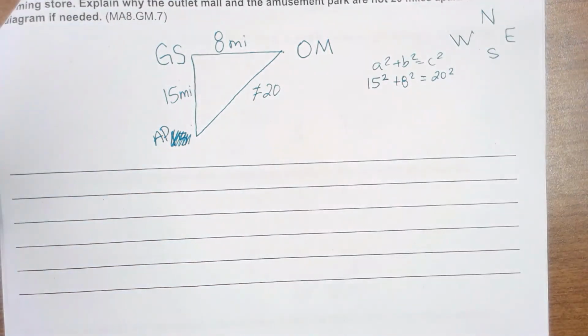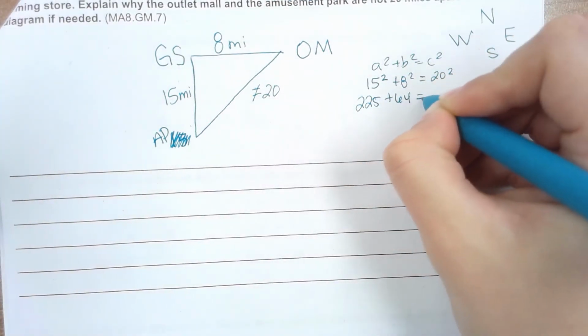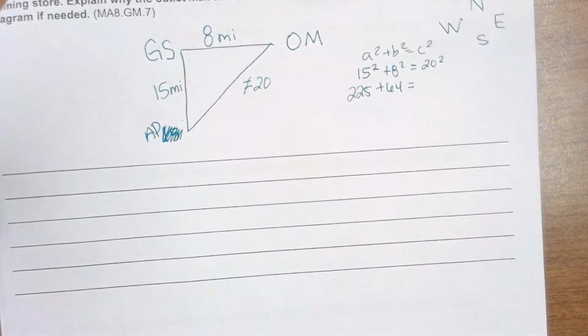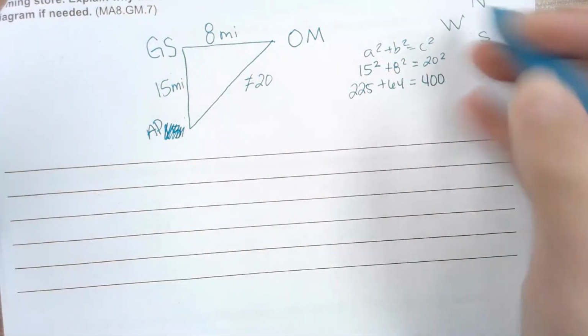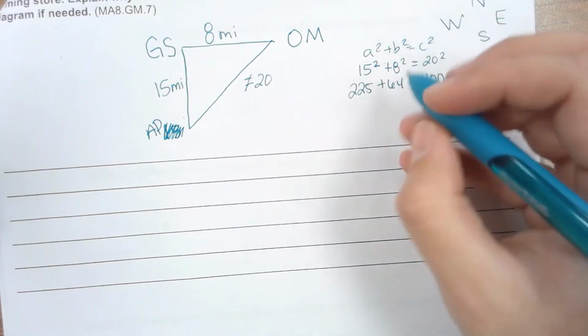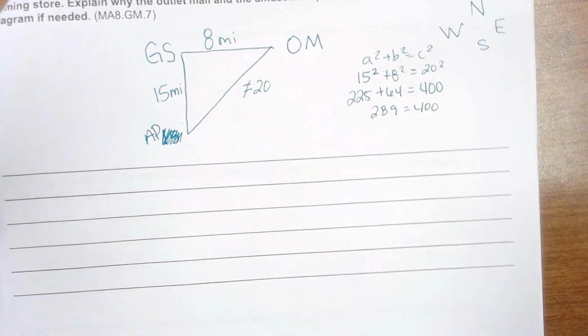Because they're saying that it's not 20, so let's figure out why it's not 20. Then start simplifying. So 225 plus 64 equals 20 squared, which is 400. Add these two numbers together and you get 289. So does 289 equal 400?